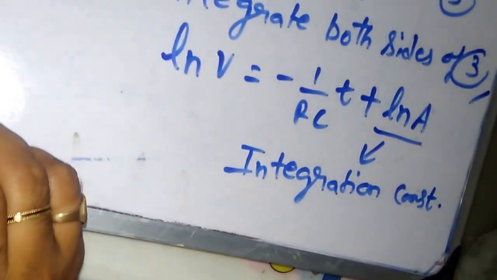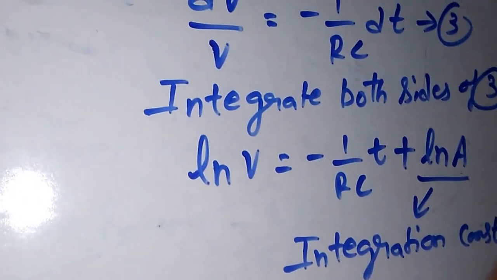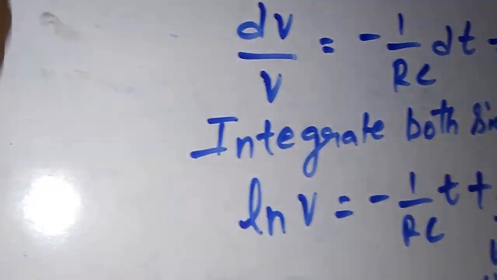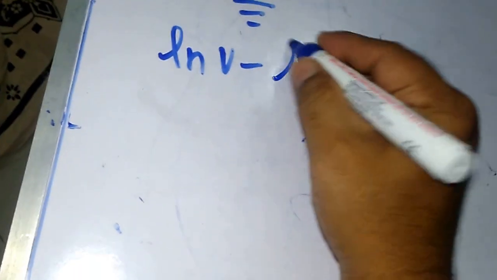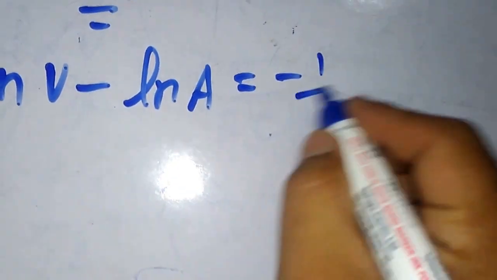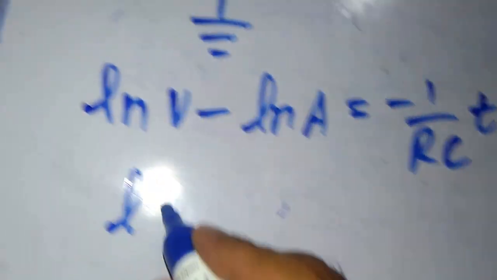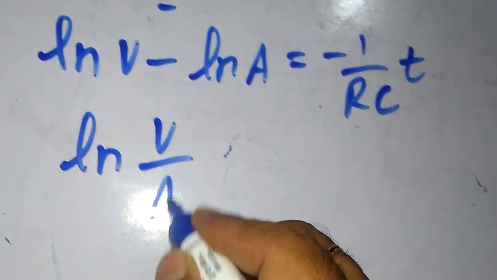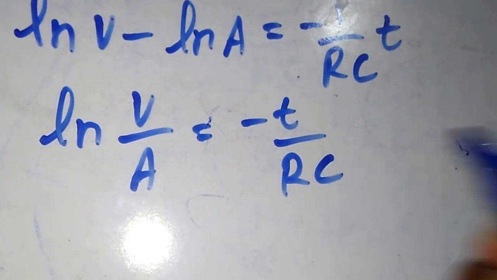You can rearrange this and you'll get log V minus log A is equal to minus 1 by RC into t. This you can reduce to log of V by A is equal to minus t by RC.